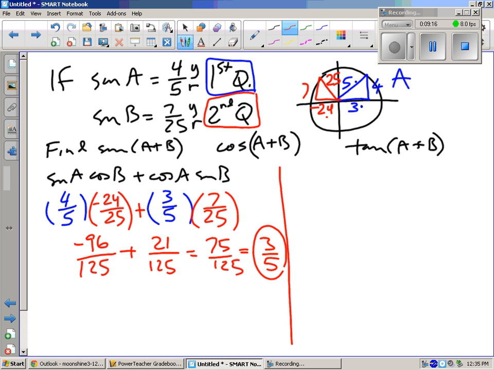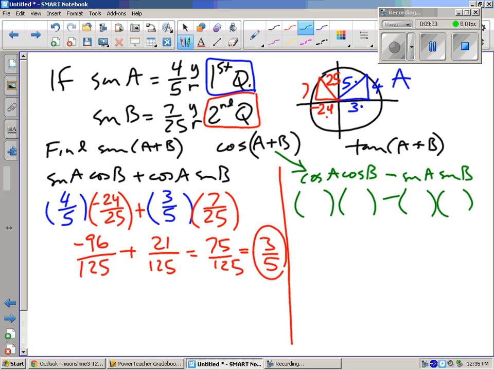All right, let's go and do the cosine one over here. So the cosine formula is cosine A cosine B minus sine A sine B. I've already done most of the work, so I just have to plug things in. For A, cosine of A, I can even look over here and see what I have. That's 3/5.